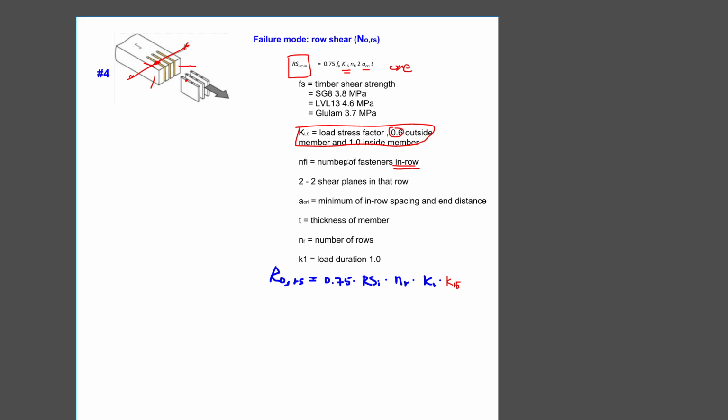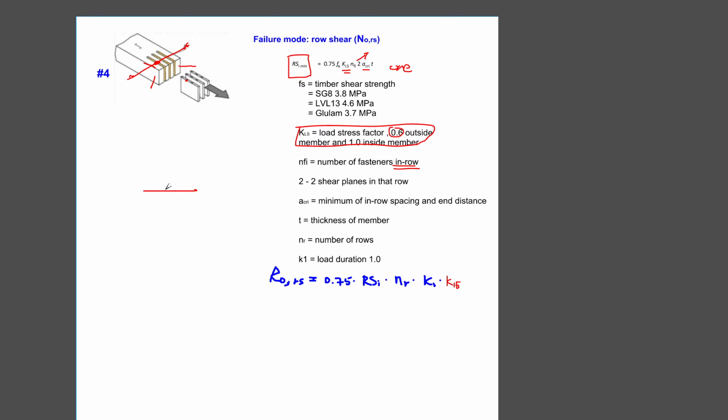Okay. And the next thing is there's a 2 over here, number 2. What that means is that the particular row, because RSI is looking at a particular row shear, has 2 shear planes, right? It's exactly like the knife plate you have, or the bolt in shear.